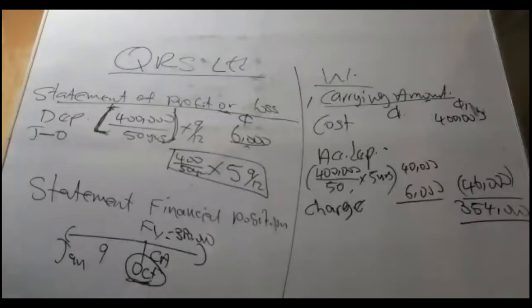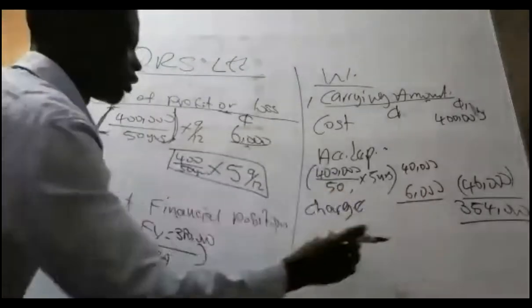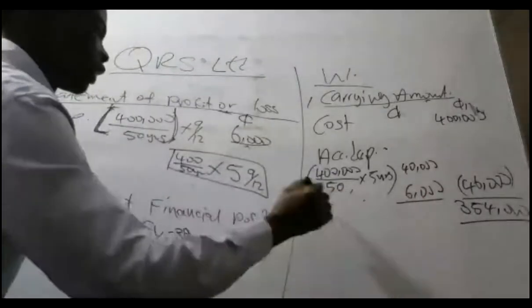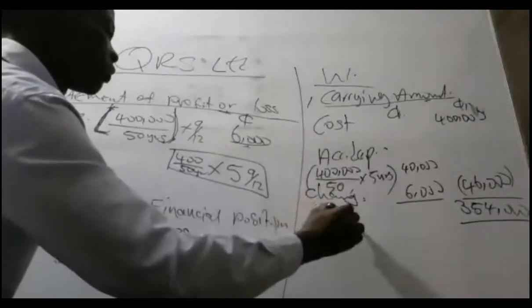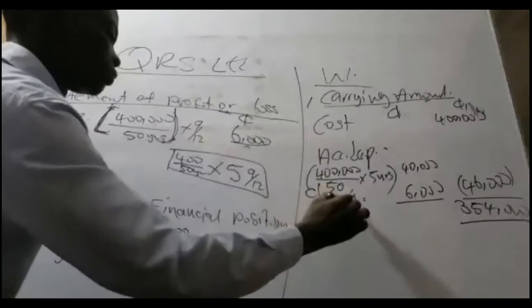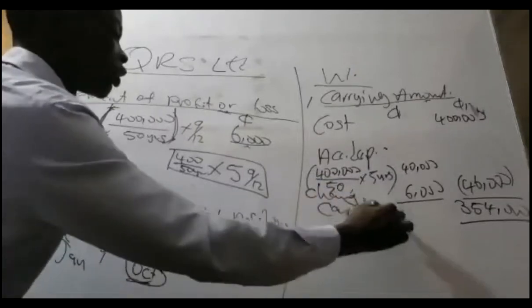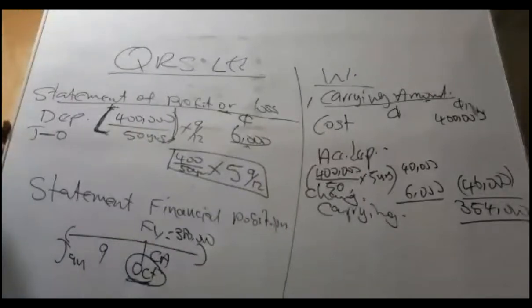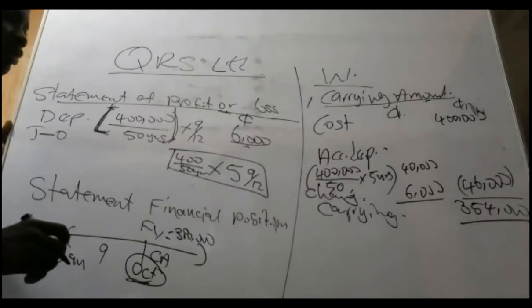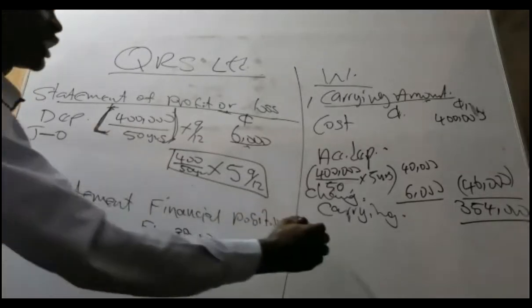Now, alternative or shortcut to get a carrying amount. So this one becomes the carrying amount. Alternative to get this carrying amount, 354,000. All you have to do is this. The assets have 50 years.